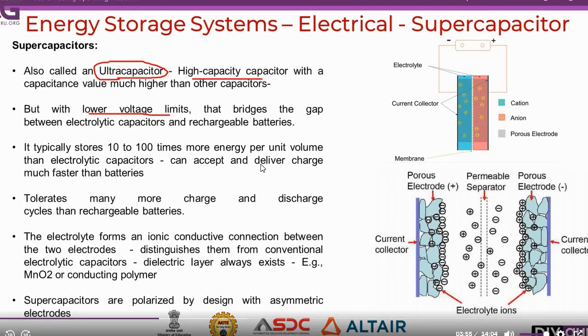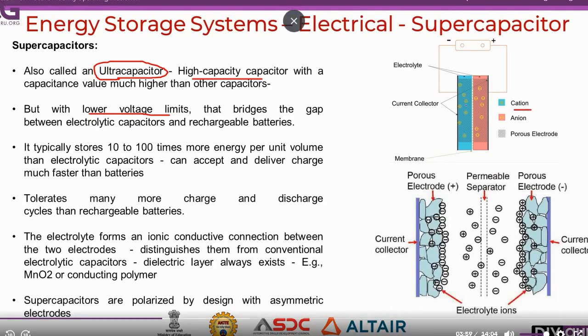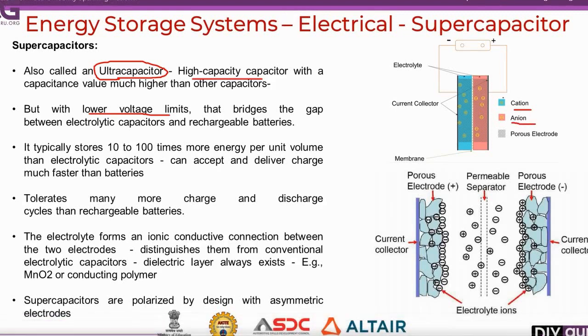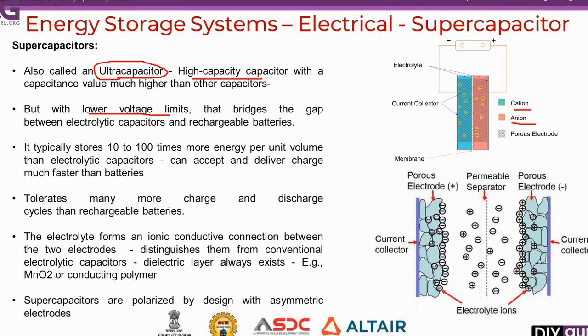Right hand side shows the diagram of the supercapacitor. On the left hand side we will be having cations, and on the right hand side we will be having anions, separated by an electrolytic medium. From both ends of the cation and anion chamber, we will be taking the current collector, which is sent to the external circuit.